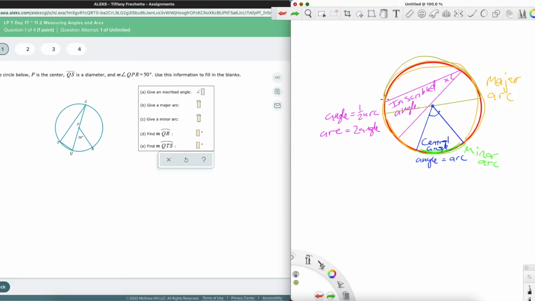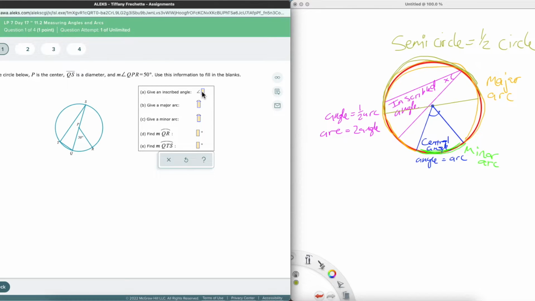So a semicircle would be half of the circle. So it's just literally chopped in half like that. I wanted to throw that out there. They're not actually asking us yet, but we are going to get down here where it's going to ask us a question about a semicircle in just a moment. So I wanted to make sure I define that.